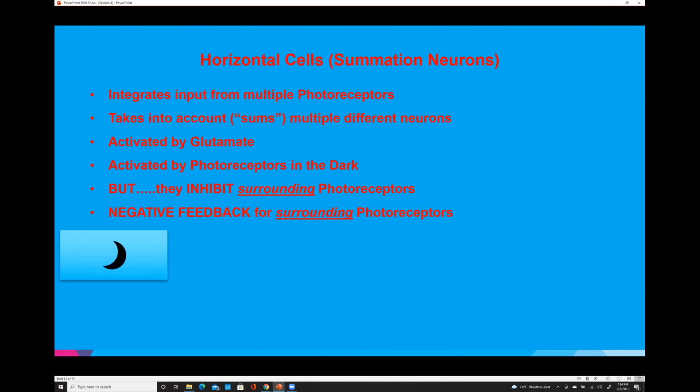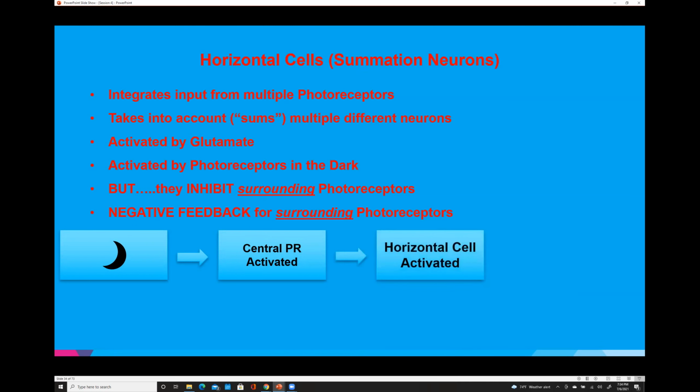So in darkness, we have the central. Now we're no longer just saying the photoreceptor. When we talk about photoreceptors, now we're going to say the central photoreceptor. That guy is activated, which means he's secreting glutamate, which means that the nearby horizontal cell is activated, because again, he's activated by glutamate, thus he's activated by photoreceptors in the dark.